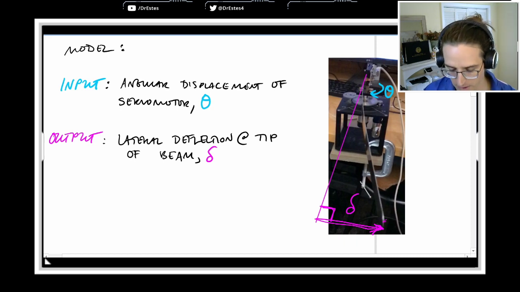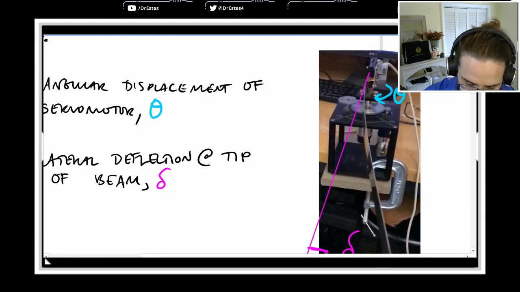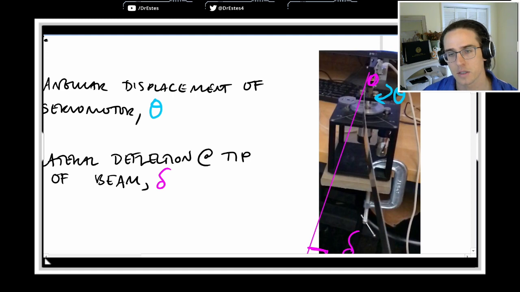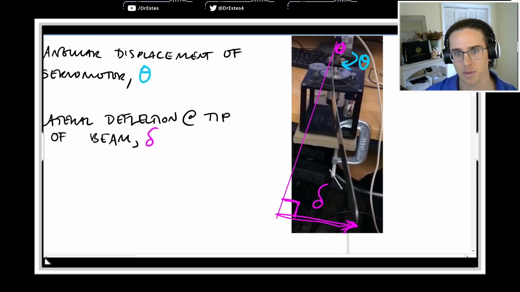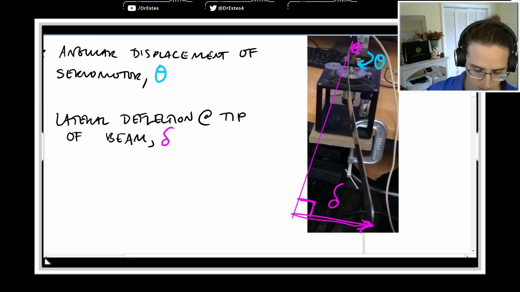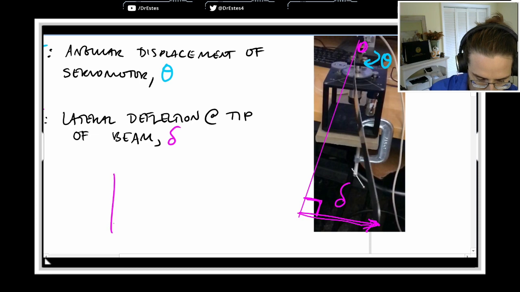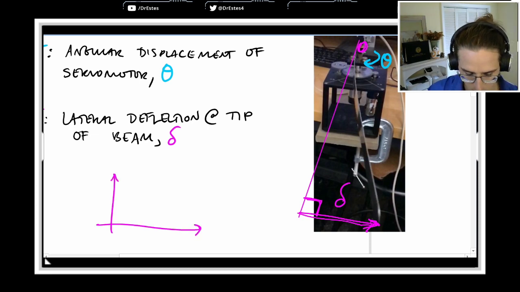I mean, we don't have a sensor down here at the tip of the beam or something like that. Like I mentioned, there's a strain gauge all the way back here at the base. And what we do prior to running this frequency response experiment is we run a calibration where we deflect the beam different values delta.